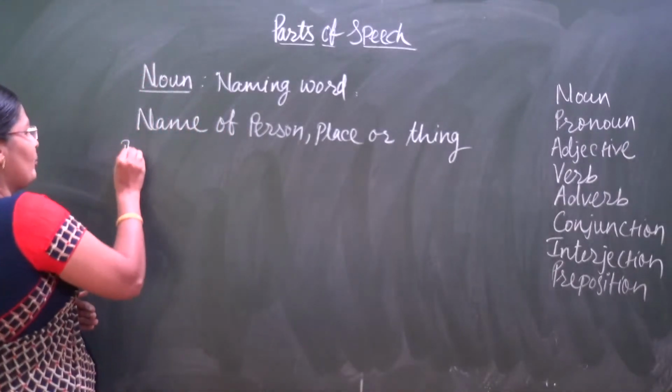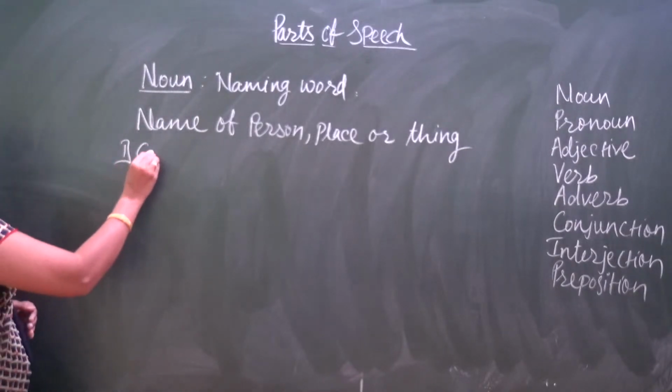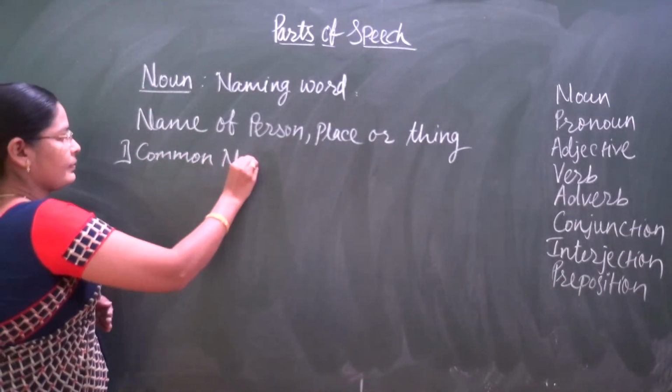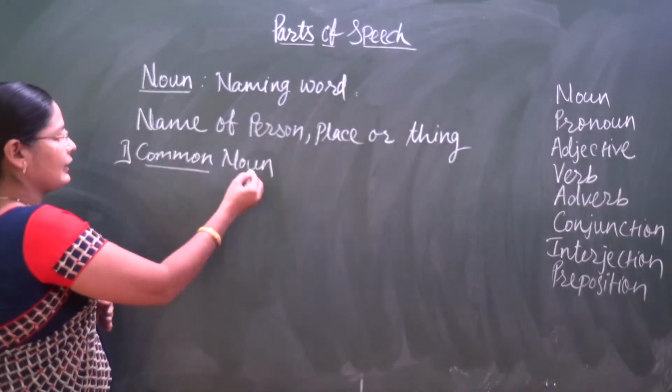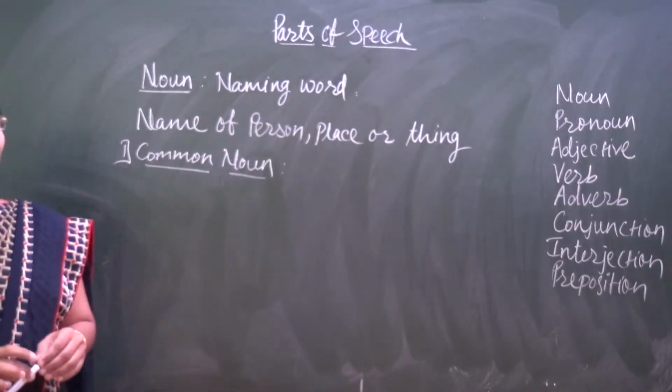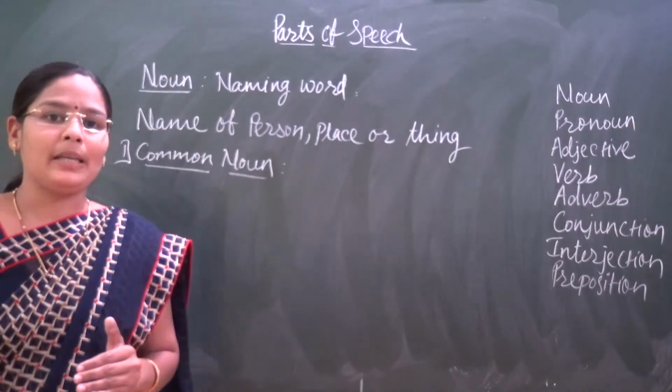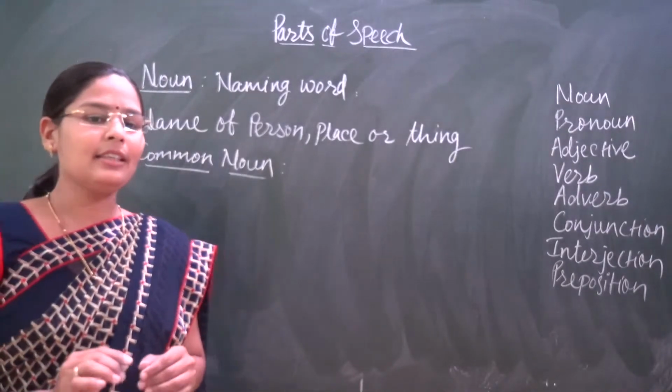First one is the common noun. Its name tells its quality, that is common. The nouns which are commonly given to people, places, or things are called common nouns.